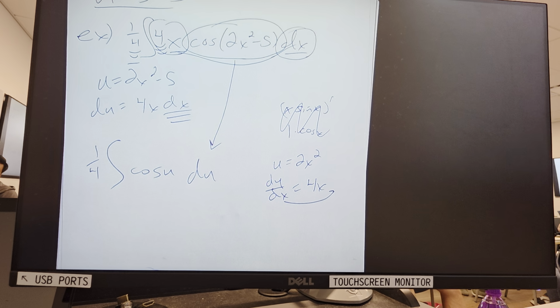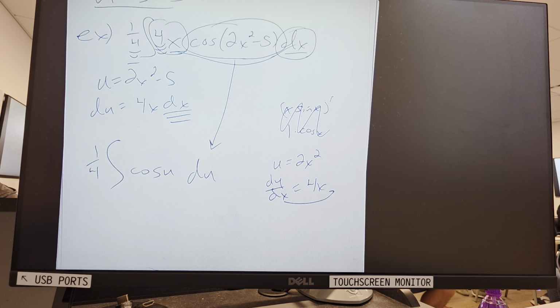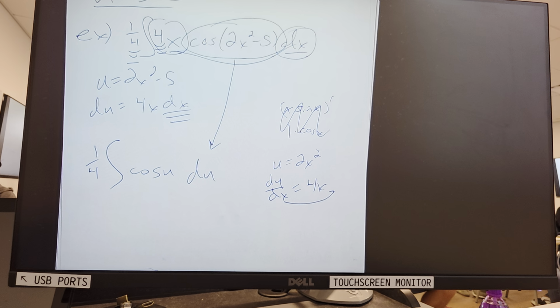So let me see if you guys are with me on this. If I read this integral, it's 1/4 integral cosine stuff, derivative stuff. Do you guys see that? What if I read that one? It's 1/4 integral cosine stuff, derivative stuff. They're the same integral. They're exactly the same integral.